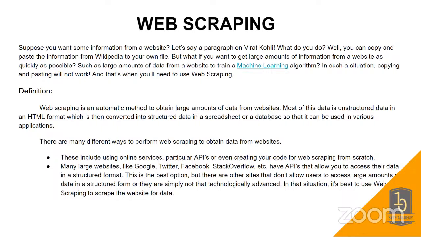Most of this data is usually in an HTML format, which is unstructured. It wouldn't come like player one is this, player two is this. It would be unstructured in the website's HTML.